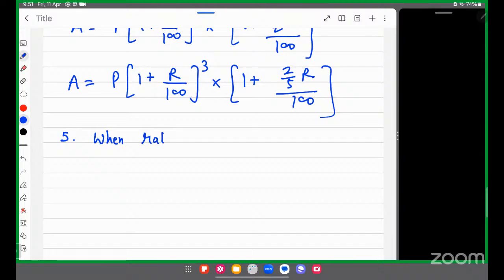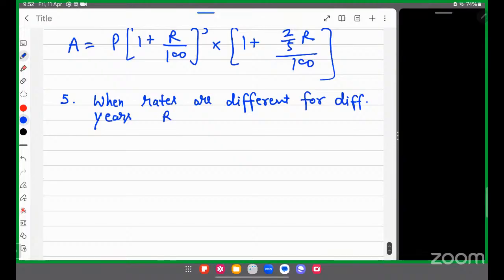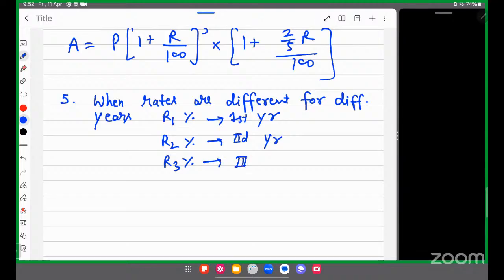When rates are different for different years, and for first year it is R1%, for second year it is R2%, for third year it is R3%, and so on. This is for first year, this is for second year, this is for third year.